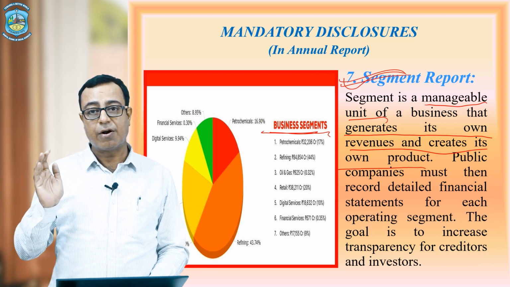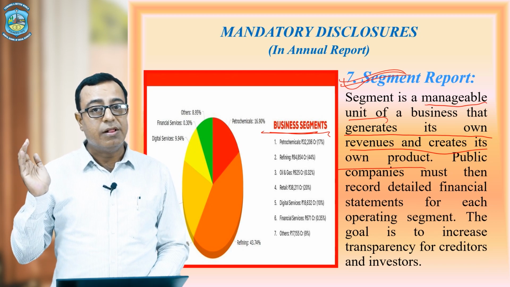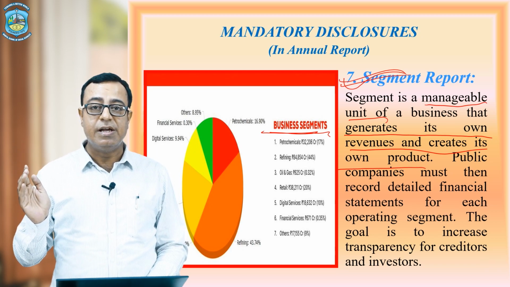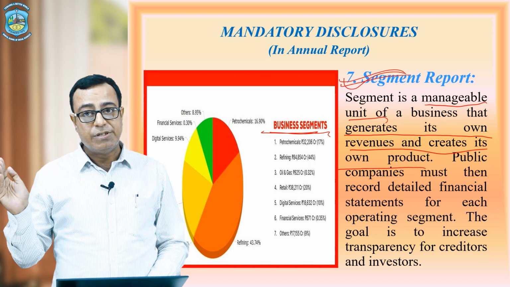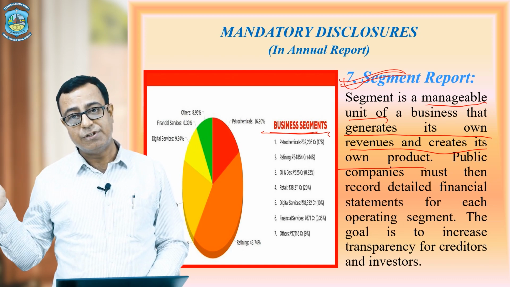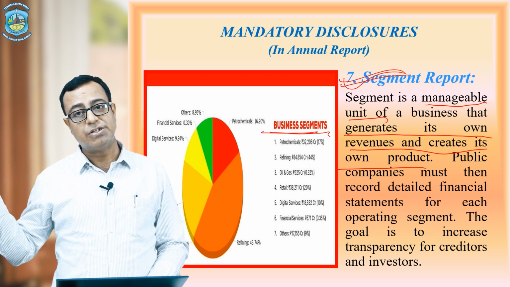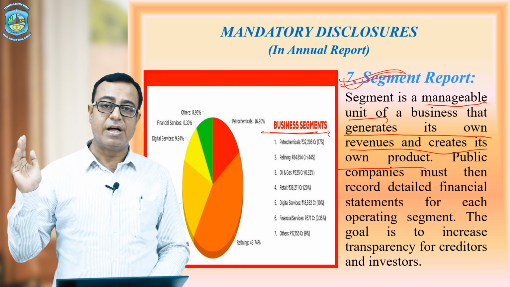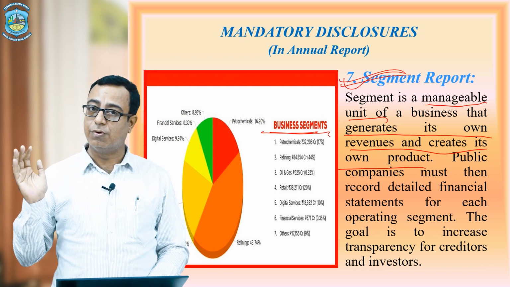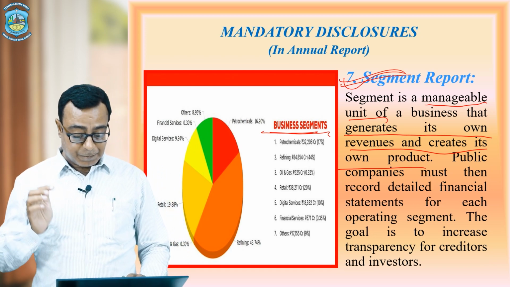For example, in the annual report of ITC, ITC has to disclose the income of the cigarette business, the income of the FMCG business, the income of the stationery business separately with different heads, points and subpoints. It is known as segment reporting.